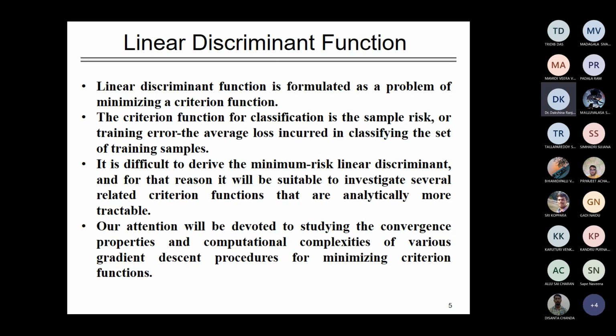So we can have the sample risk or training error, but if we have other criterion functions, they will be found to be equivalent to the initial consideration. Now our attention will be devoted to studying the convergence properties and the computational complexities of various gradient descent procedures for minimizing criterion functions.